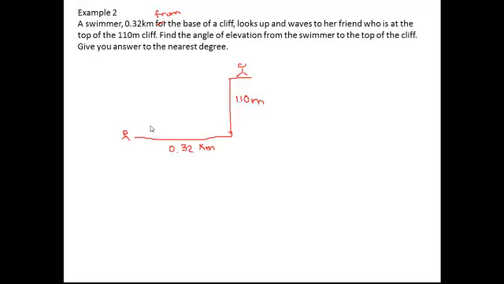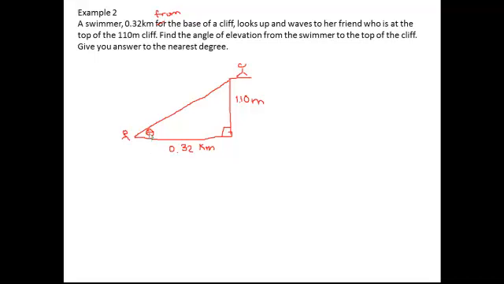And what we want to find is the angle of elevation from the swimmer. So if the swimmer was looking up, we want to find that angle of elevation there. So in this case, the horizontal is the water, and the swimmer is looking up to her friend. Okay? And hopefully you can see that the cliff and the water make a right angle.